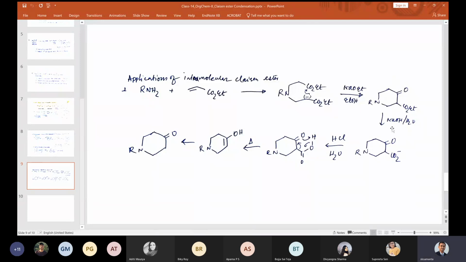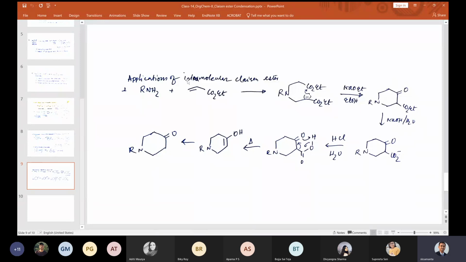Now this product you can hydrolyze in presence of NaOH in water, so that this COOEt will be hydrolyzed to COO minus. And now if you do protonation, it will be protonated. And if you do heat treatment, a decarboxylation takes place, so minus CO2 happens here. So you get this one. After tautomerism, you get this ketone. So ultimately from these two starting materials, you end up with this product.